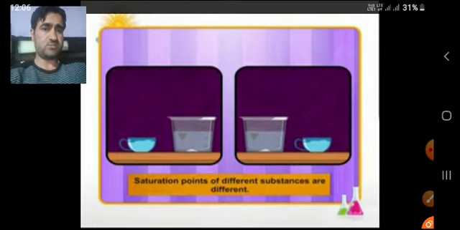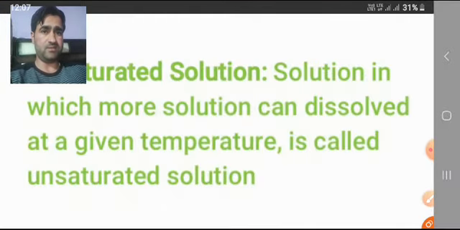But the saturation points will vary once we change the temperature. For example, if we increase the temperature of water to 80 degrees centigrade, it will dissolve 360 grams of sugar. So the saturation points will vary.